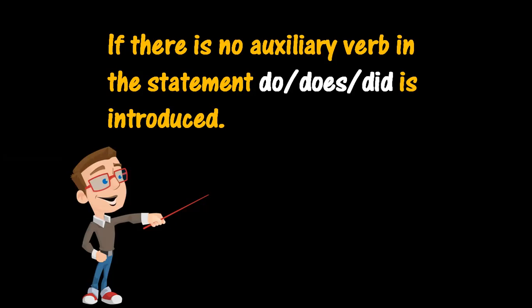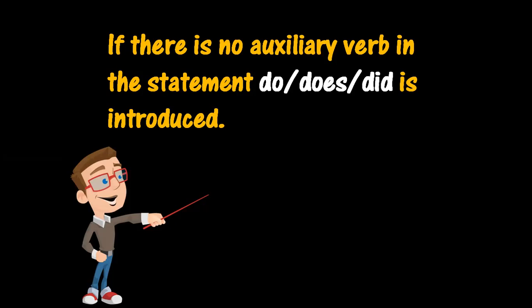If you want to make it negative, we take the help of do: I do not play cricket every day. To make a question, we use do: Do I play cricket? If it is with he, she, it, third person singular, we take the help of does. He does not play cricket. Does he play cricket? So in simple present, we take the help of do or does to make a negative or interrogative statement. Same with the simple past.